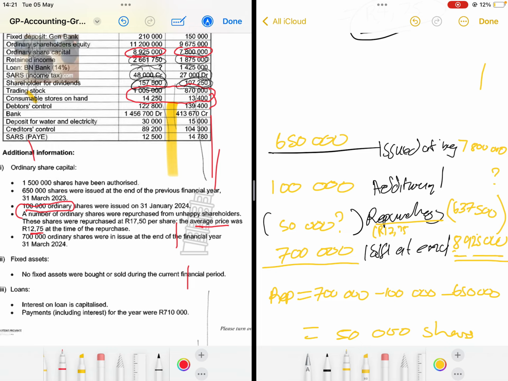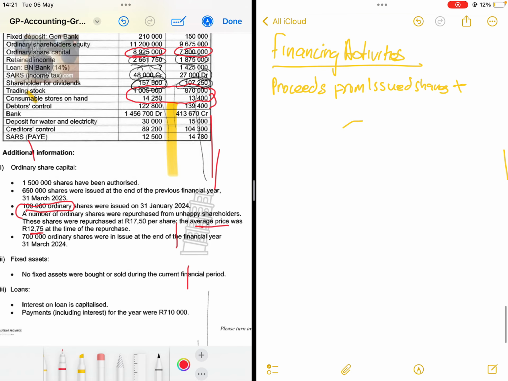Now bottom up, this plus this minus this. So I will say the value at the end of 8,925,000. Now I have to add the repurchases of 637,500. Then I have to minus the beginning of 7,800,000. Then I get 1,762,500. Now this is my proceed. I have to show the examiner the calculation.